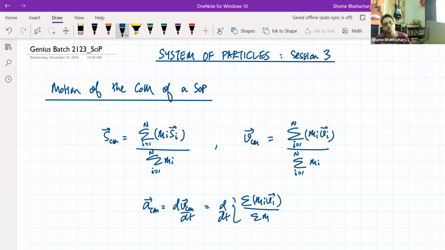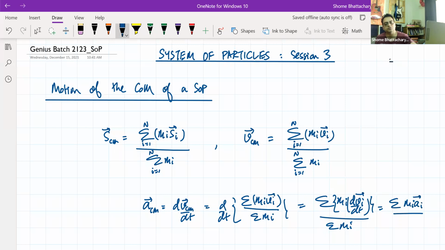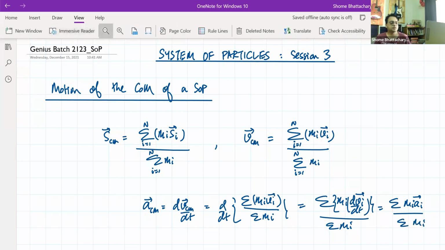This, when applied, will become this, because the masses are constant in this type of system. So as expected, this also becomes the same formula. It is the weighted mean of the individual accelerations of the particles.